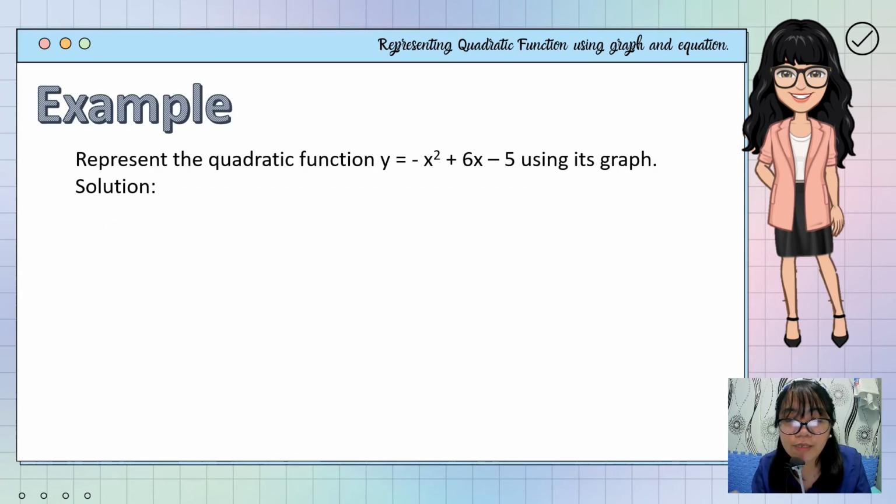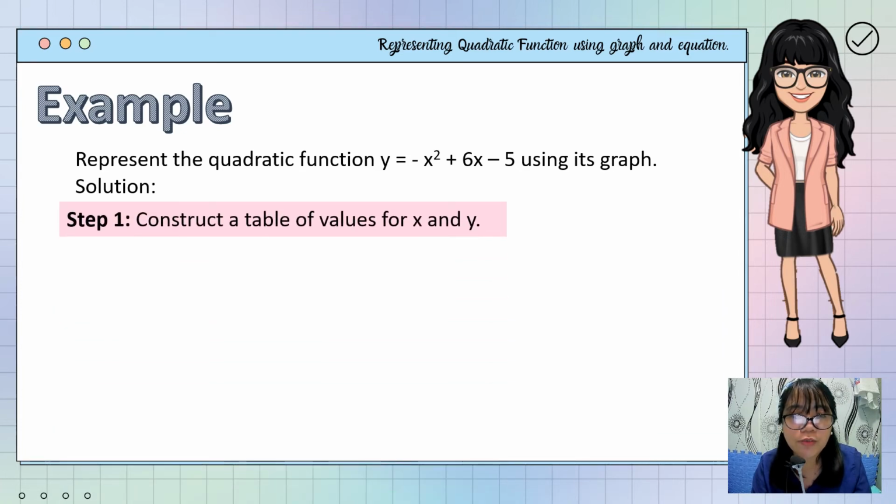Now let us have an example. Represent the quadratic function y equals negative x squared plus 6x minus 5 using its graph. The first step is to construct a table of values for x and y. Before that, notice that the value of a is equal to negative 1.